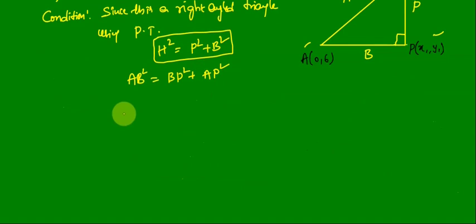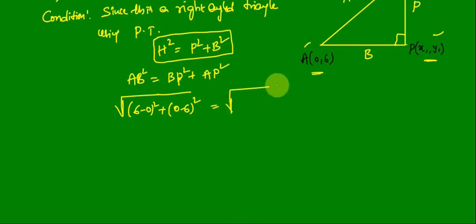Right. So same formula, distance between A and B. A point here is (0, 6), and what is the B point here? B point is (6, 0). So (x2 minus x1), that is (6 minus 0) whole square plus (y2 minus y1), that is (0 minus 6) whole square. That will be equal to BP square. What is BP here? B point is (6, 0) and P is (x1, y1), right?